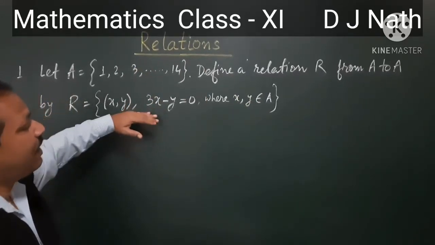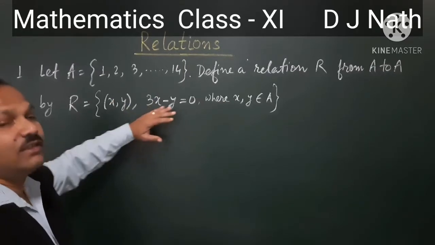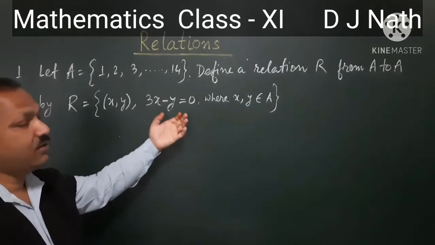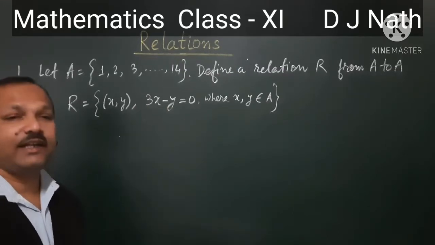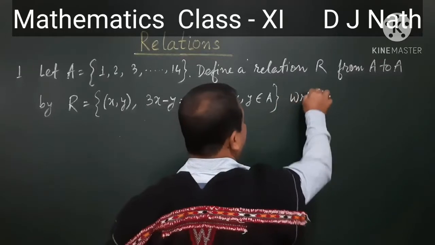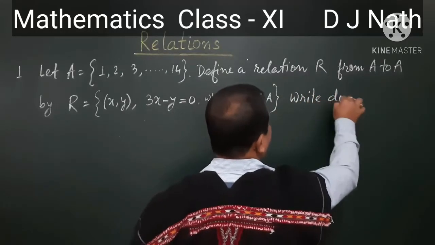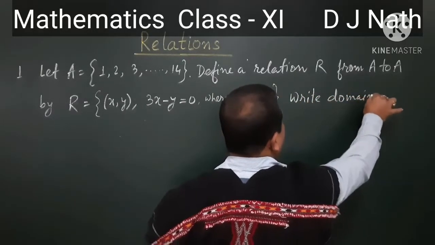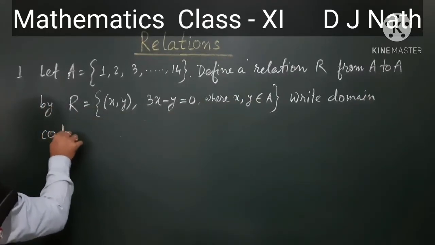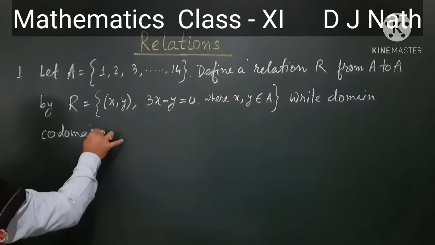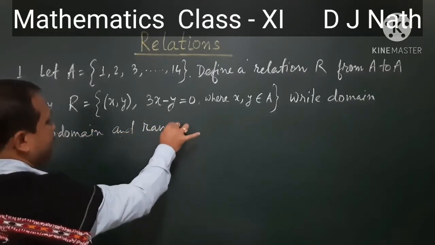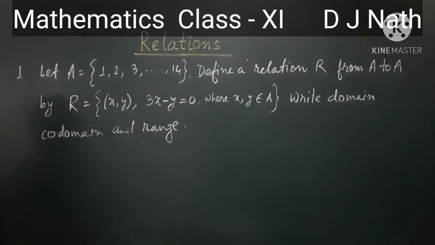Now here it is asked, if it is asked, write the domain, codomain and range. Then how can we write that?